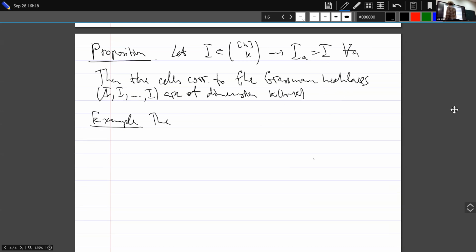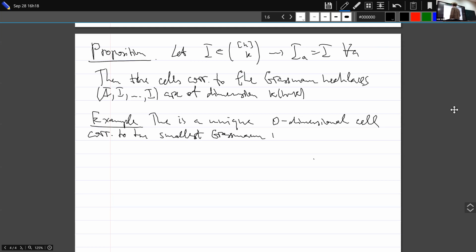So there is a unique zero-dimensional cell corresponding to the smallest Grassmann necklace, which is given by I_a equals a, a plus 1, and so on up to a plus k minus 1, for a from 1 to n.